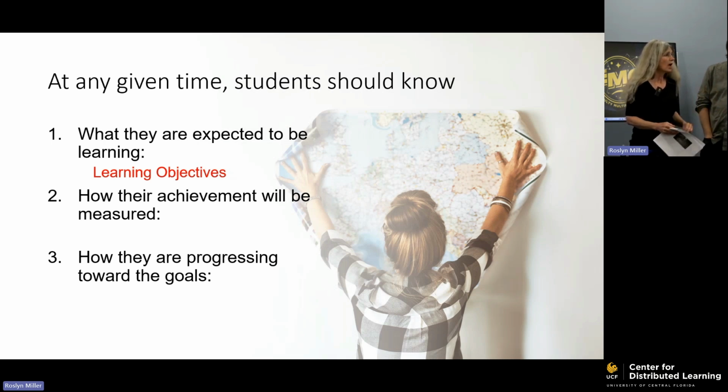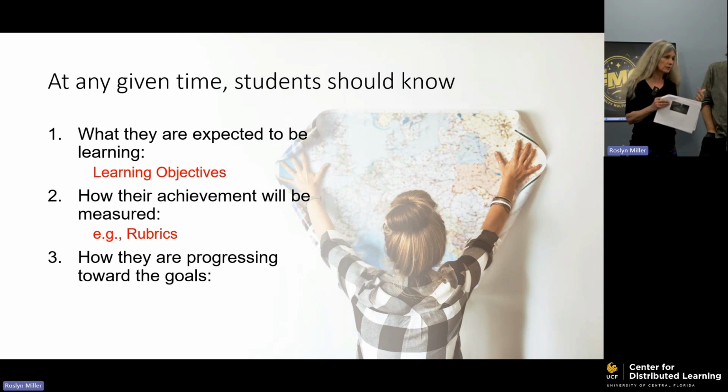Two, how their achievement of these learning objectives will be measured. They need to know how their work is going to be evaluated. That's on us to communicate to students how their work is going to be evaluated and their progress toward the learning goals.